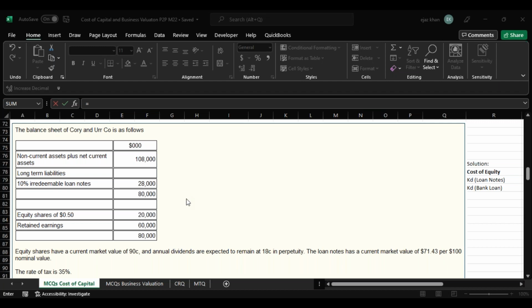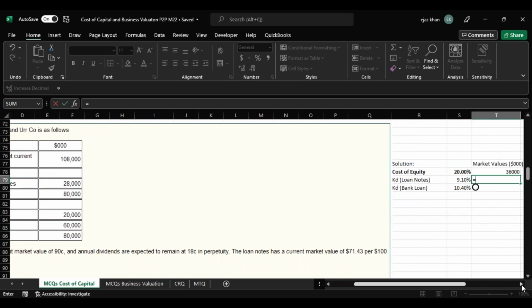It's 28,000, and the current market price is 71.43. So firstly, we write 28,000 and divide it by the par value of each loan note, which is $100, and multiply it by 71.43. So it's 20,000 approximately.